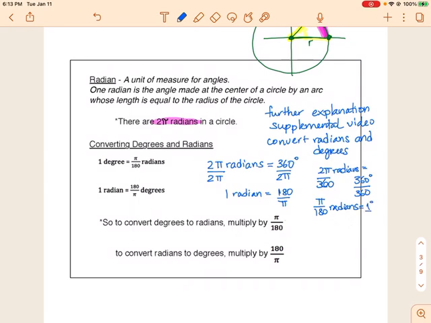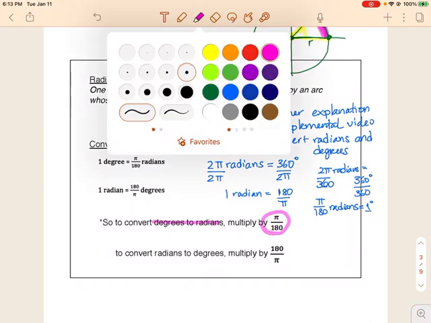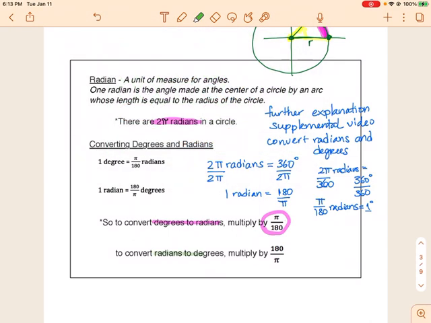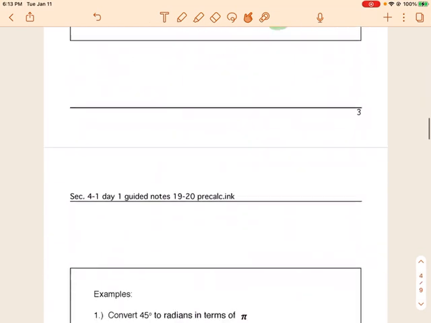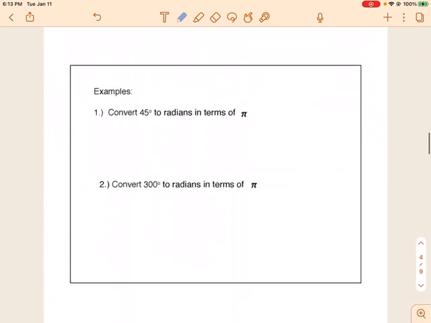Okay, so if I'm converting degrees to radians, I'm going to multiply by pi over 180. If I convert radians to degrees, I'm going to multiply by 180 over pi. So you have to pay attention to what you're starting with. I'm starting with degrees, and I want to end in pi.